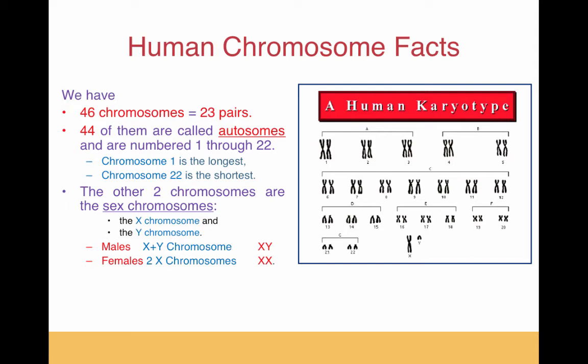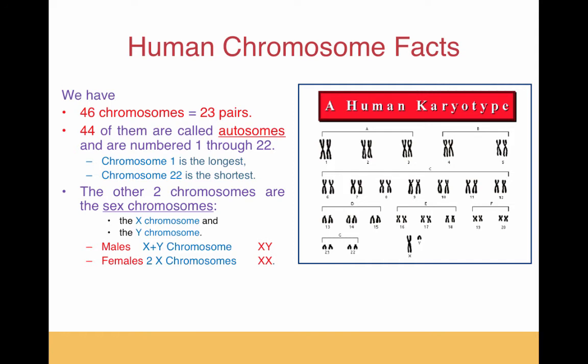Okay, so they're coding for things that you can find all over the body, and they code for things in the body, all right? But there's a special 23rd pair, and they're the sex chromosomes, okay?